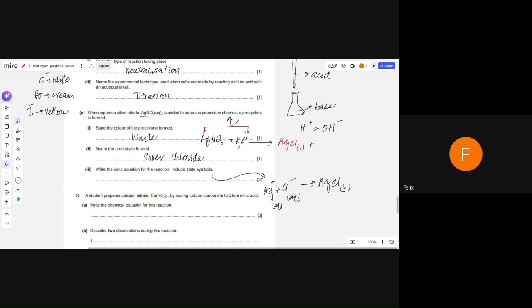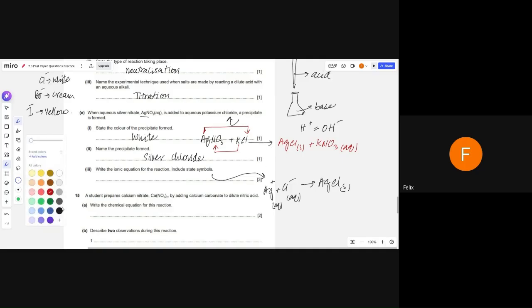And the metal part from the other salt will combine with the non-metal part of the other reactant. So it will be potassium nitrate, right? And it is soluble. All nitrate compounds are soluble. So now I think you will have a better understanding of this.